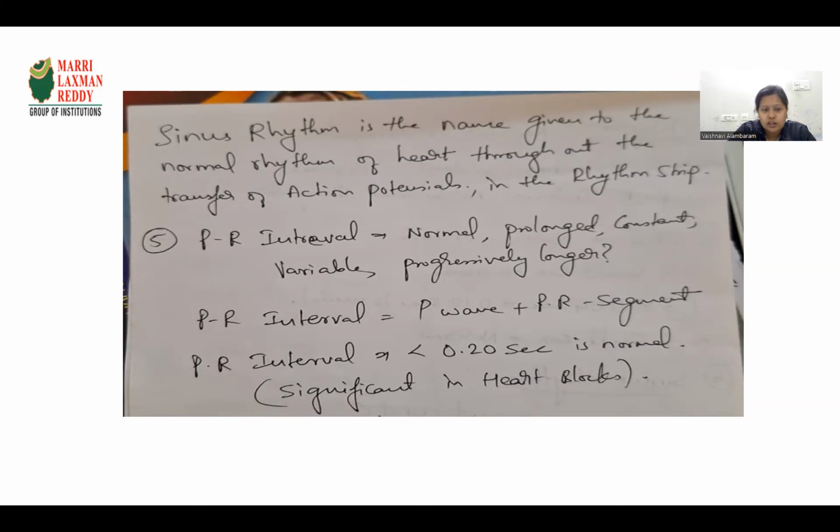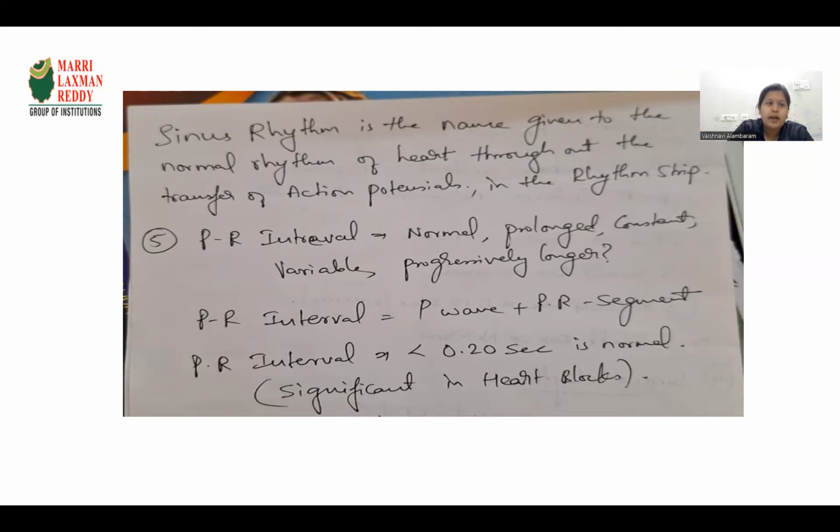I have given the normal range, that it should be less than 0.2 seconds. Why I am telling you 0.1 seconds is the PR segment: in the PR interval we include the P wave, and that is significant in heart blocks. It should be less than 0.2 seconds.